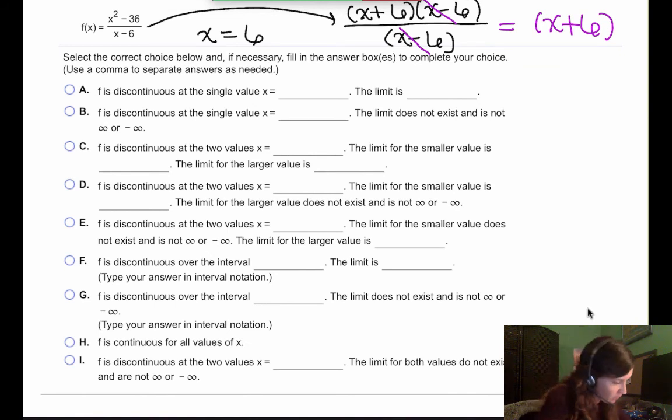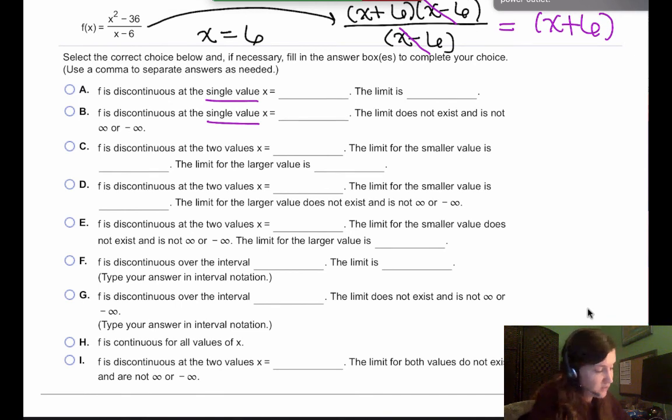So if you look through all of these options here, it's saying it's discontinuous at a single value. So the limit does not exist would be similar to the last problem, but since it cancels, that's not the option. So it's actually going to be the first one.